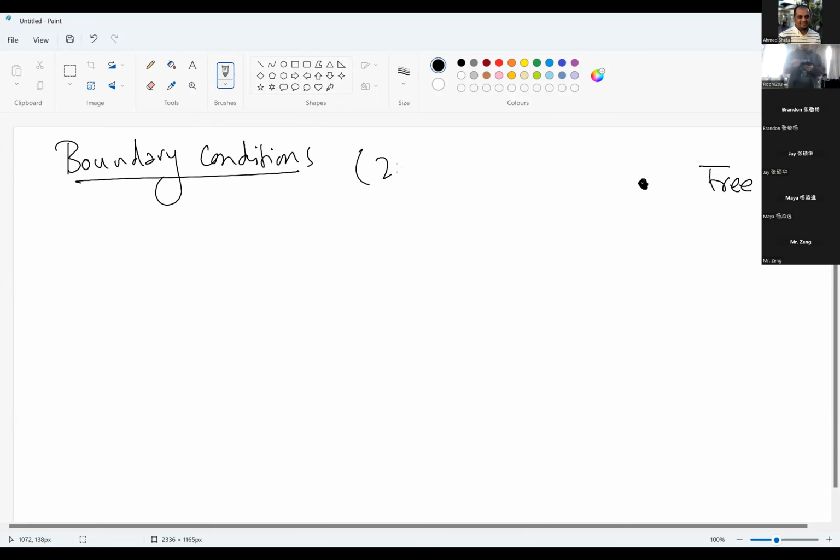For the 2D beam element, how many degrees of freedom do we have at each node? 3. Do you want me to wait until you finish, or is it all good?